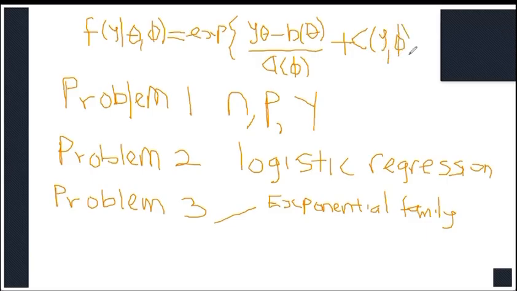So if you're able to express the given probability distribution in that form, then you're going to say it's from the exponential family. And using that information, is there a way that you can derive the mean and variance? What is the expected value of y, and what is the variance of y?